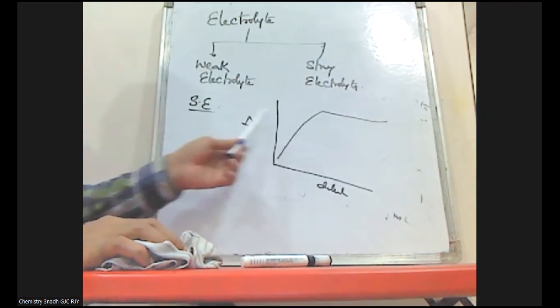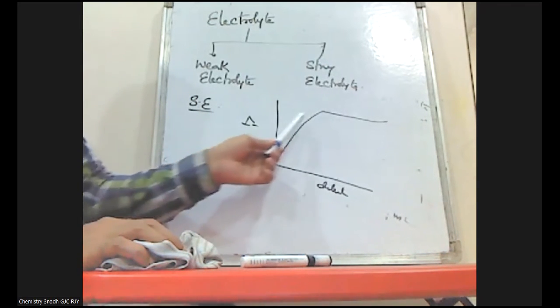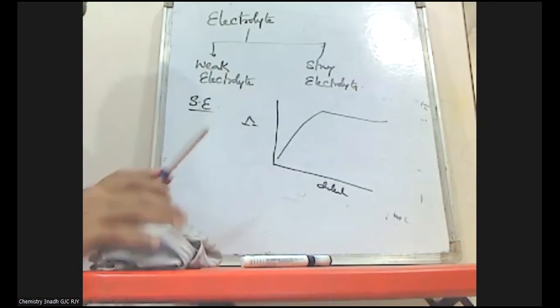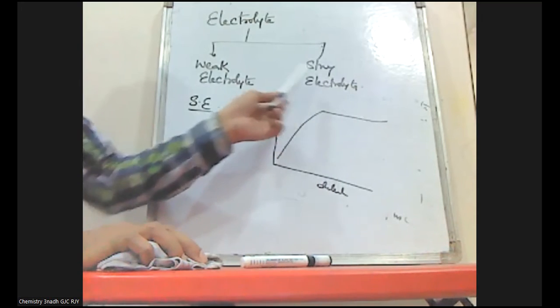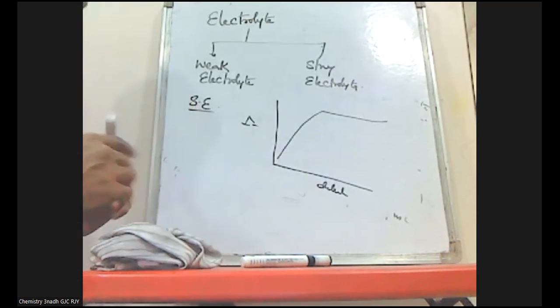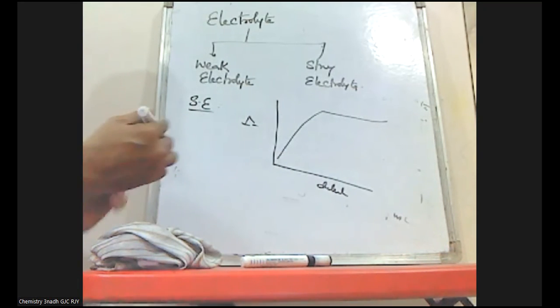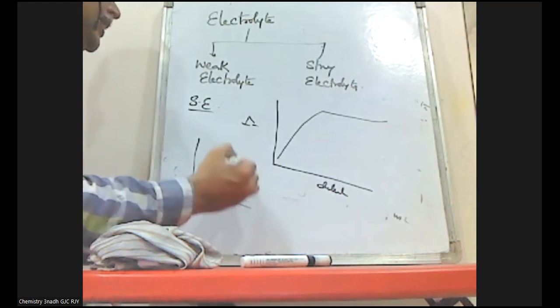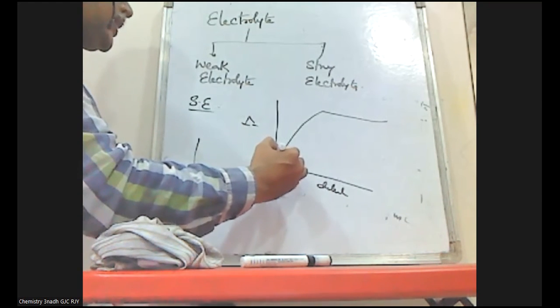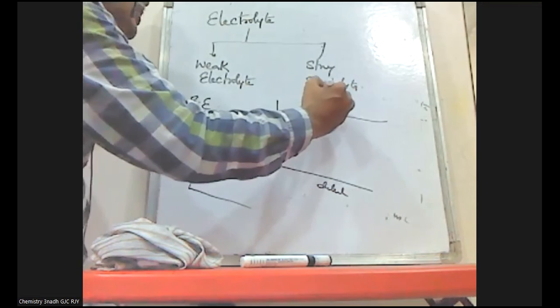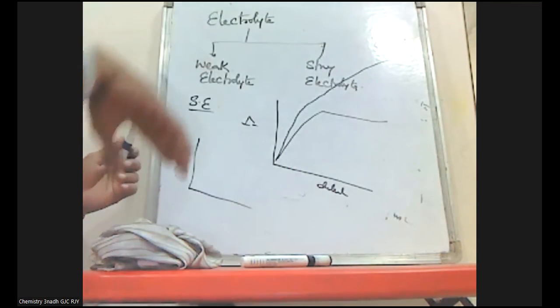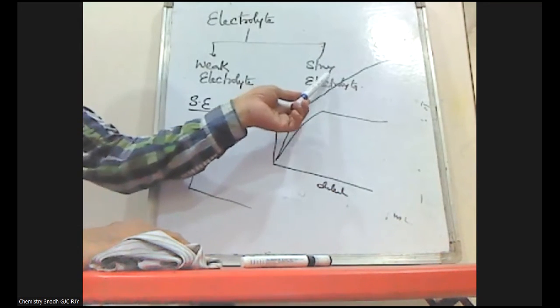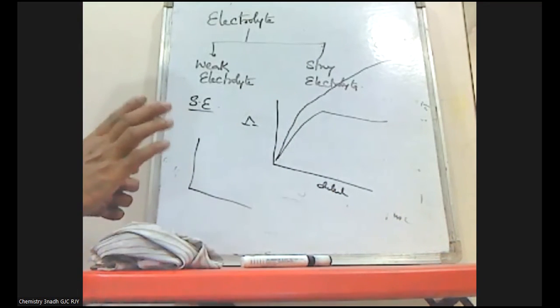The molar conductance of an electrolyte increases with increase in dilution, and at a particular dilution it remains constant. Whereas there are certain substances whose molar conductance increases with increase in dilution and never approaches a constant value, it keeps on increasing.